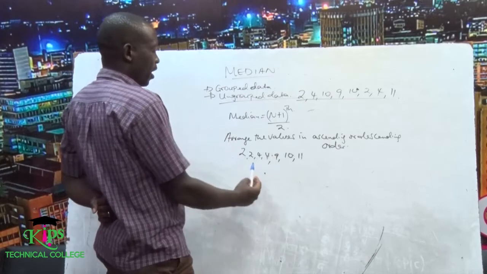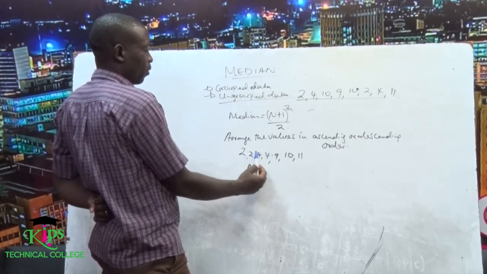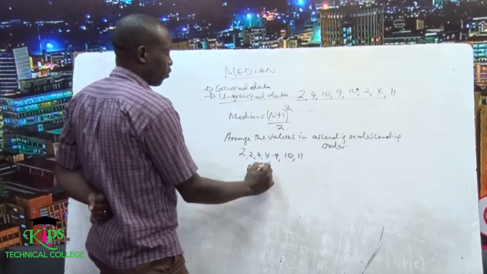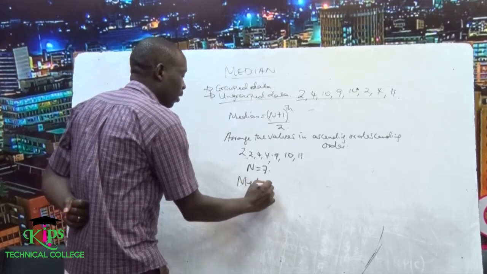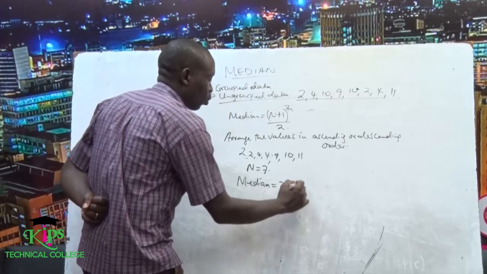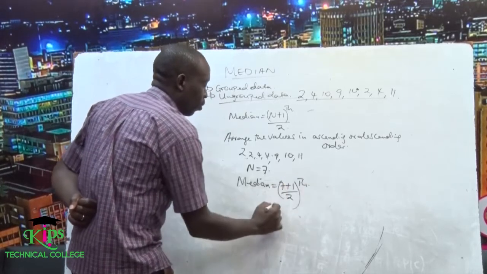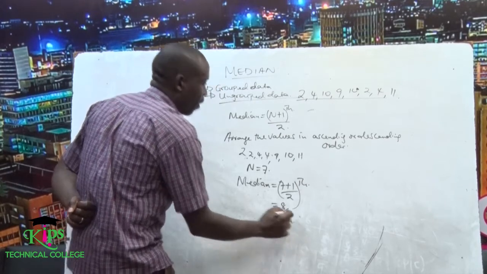We count them, and n is 7. Therefore, the median is at position 7 plus 1 over 2, which is 8 over 2, the fourth value.